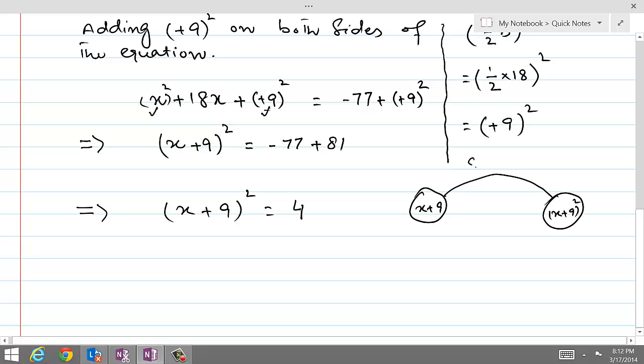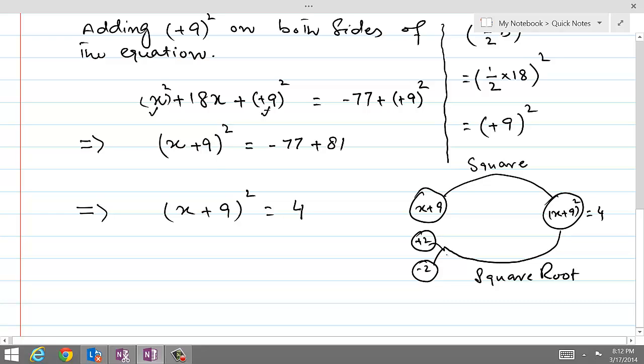Like we have learned in our first method for solution of quadratic equations, if x plus 9 whole square is equal to 4, then doing the inverse operation on 4 should give us the actual value. If we do the inverse operation of square, which is square root, on 4, that gives us either plus 2 or minus 2, because we have no idea which one was the original number.